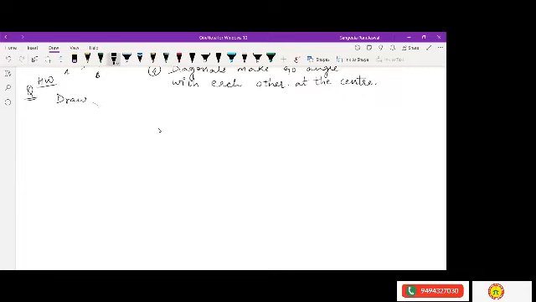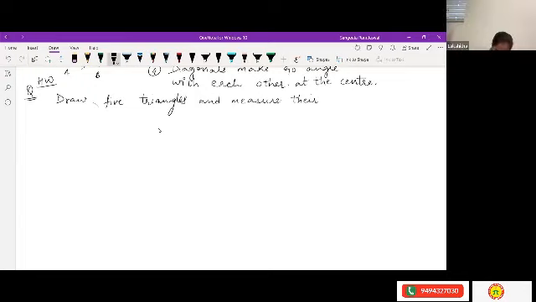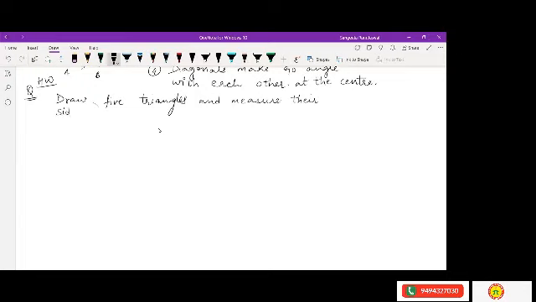Please note down. Draw 5 triangles and measure their sides. It's like yesterday's sum. First question.